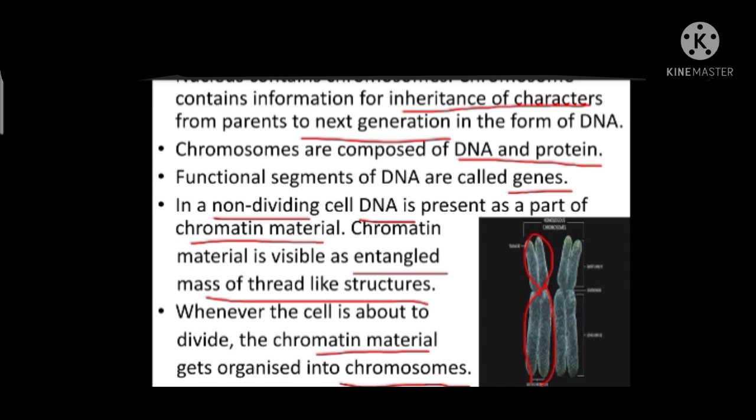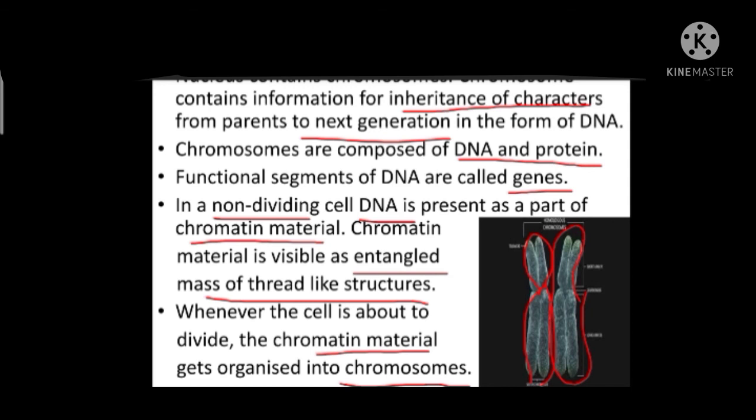Now it becomes a rod-like structure, and this structure is said to be the chromosome. Actually, chromatin and chromosome are the structures which are responsible for inheriting the characters from parent to the offspring. So both are the same only. A slight difference is there in their structure.